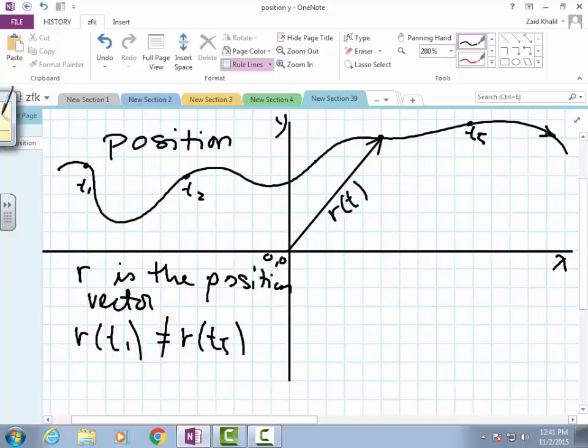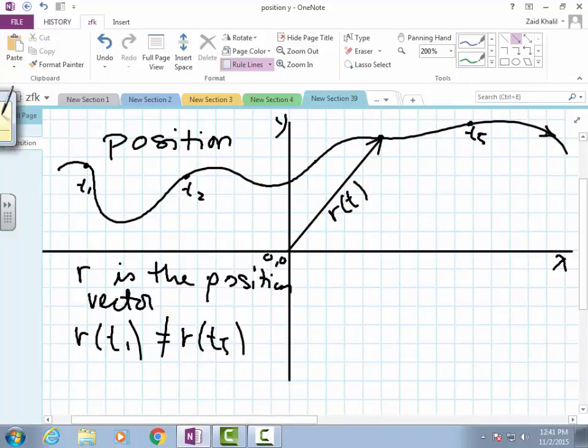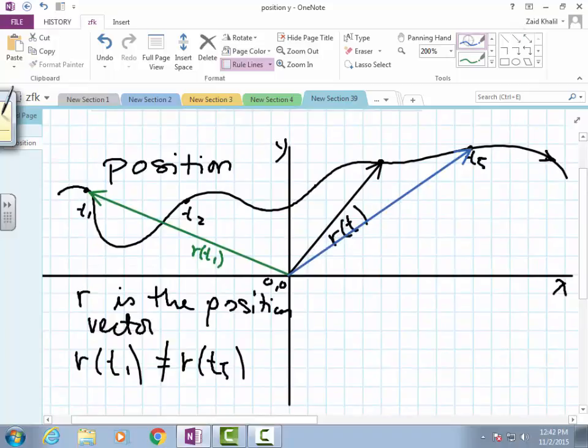They're in very different positions, in fact. R of t1 corresponds to this guy. That's r of t1. R of t5 corresponds to this guy.